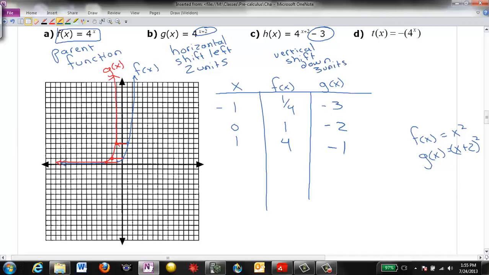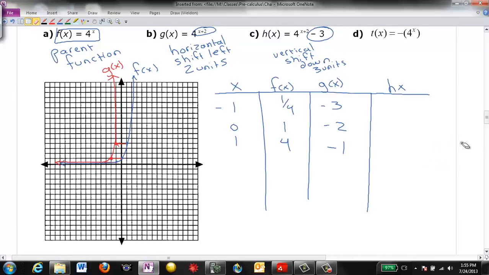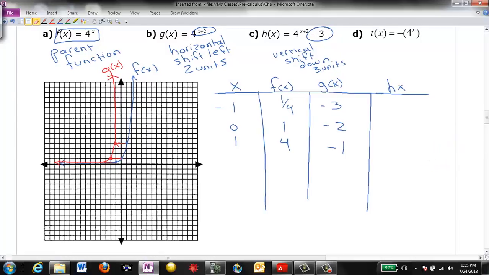Okay. So essentially, if I wanted to know what h of x was, I'm going to add another column here. There's this stuff here. I don't need that anymore. Essentially what we're doing now is we're going to the left 2 and down 3. So my x coordinates are going to go to -3, -2, -1.